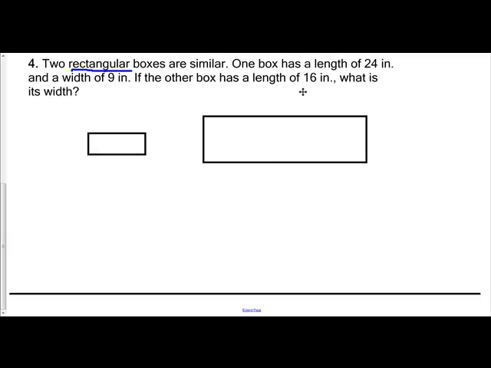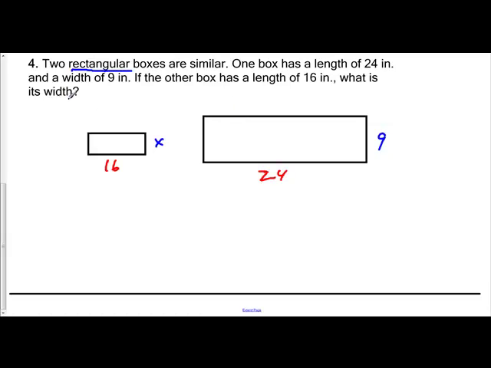The other box has a length of 16. So we'll make our bigger one 24. So it says a length of 24 and a width of 9. And the other one has a length of 16 and a width of, well, it doesn't say.